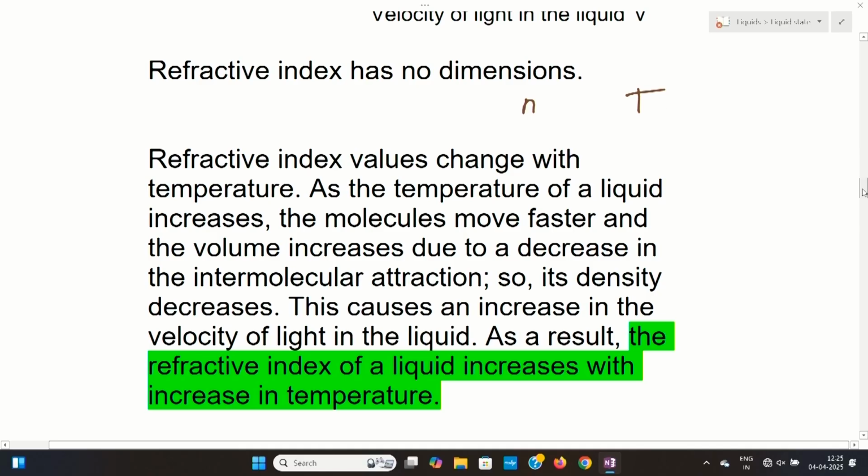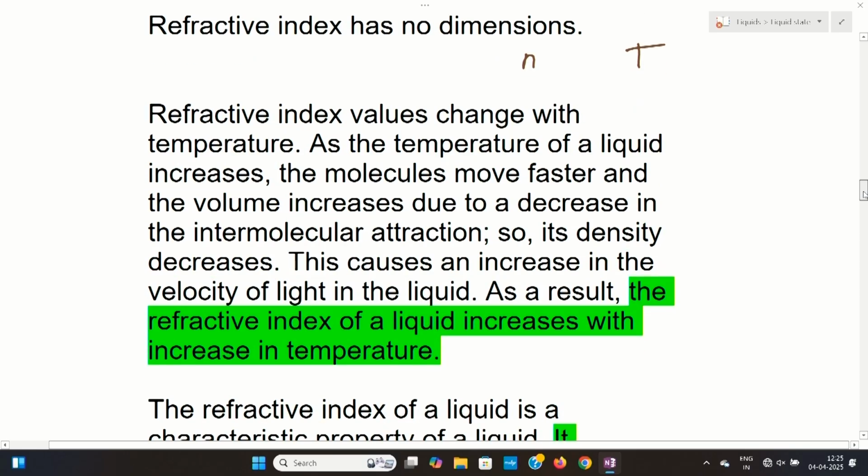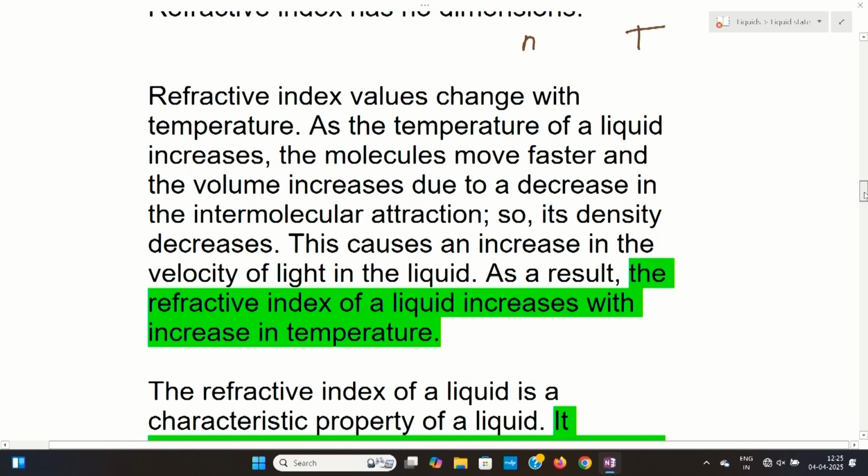Volume increasing means the density will be decreasing. When the density decreases, the velocity of light increases, and this causes the refractive index to increase.